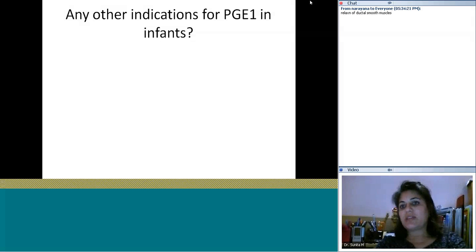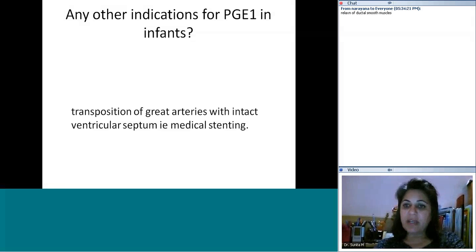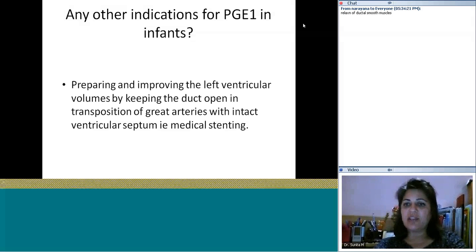Any other indication you know for the use of prostaglandin in infancy, apart from these lesions? Maybe not, it's not a commonly used indication, but it's something you should remember, which is when you've got a TGA and let us say he's got a regressed left ventricle.